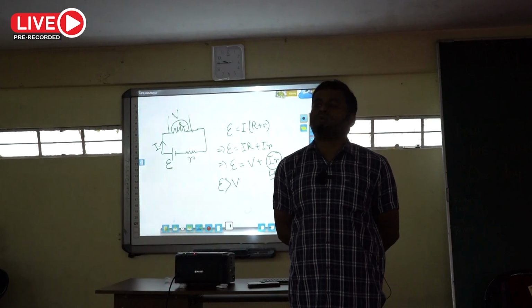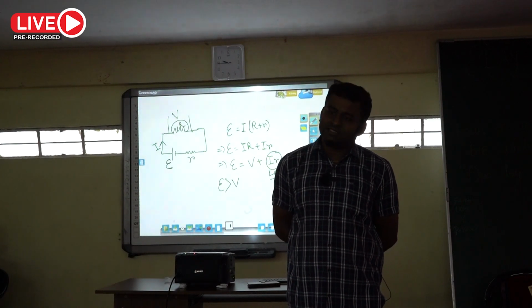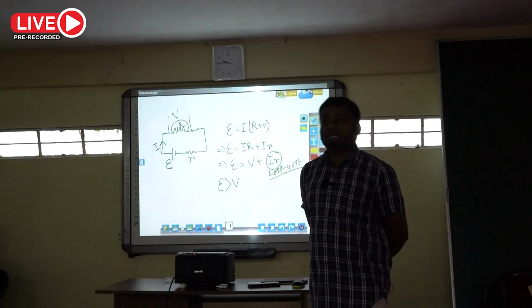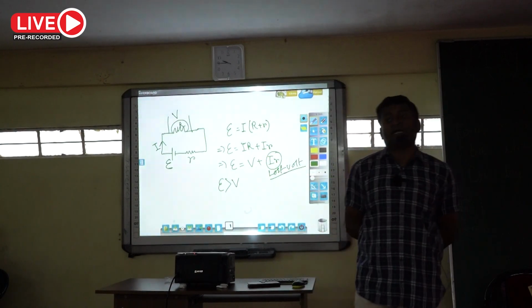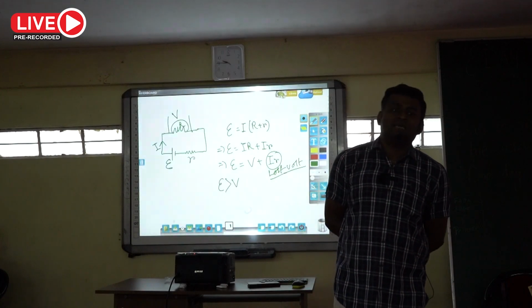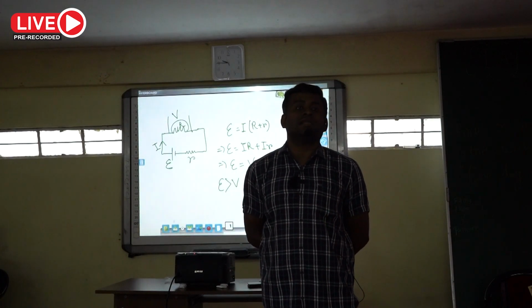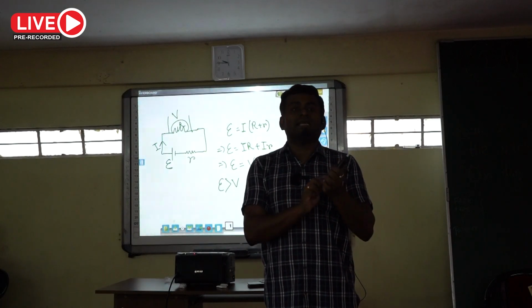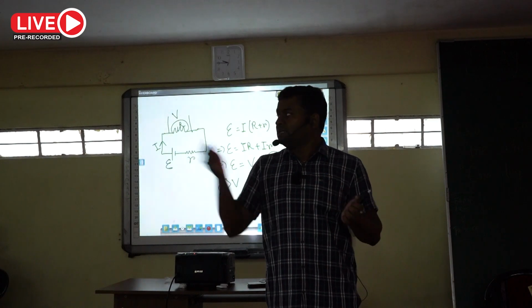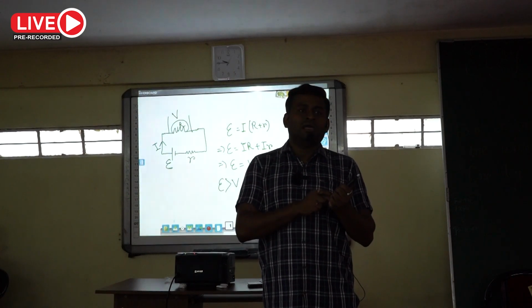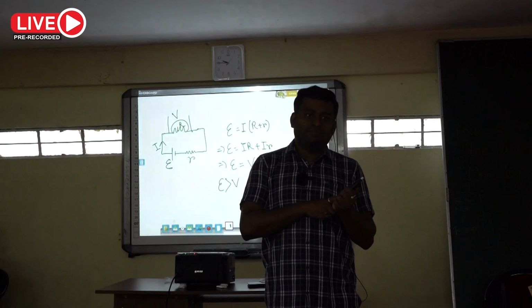Electrical energy means producing potential difference. The energy that is stored inside your mobile battery is in the form of chemical energy, because if you open the battery, it is written on the side that it is a lithium ion battery. Lithium ion battery means it is stored in a chemical form.